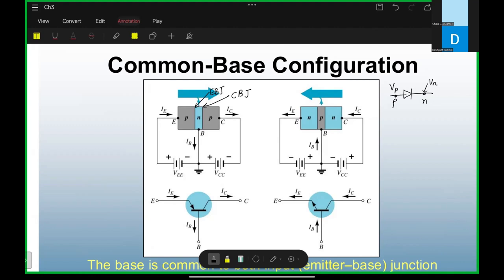If your voltage at P terminal is greater than voltage at N terminal, then the diode will be forward bias, if it is an ideal diode. And if your Vp is less than Vn, then your diode will be reverse bias. These are the two conditions of the diode. You should remember that one, right?